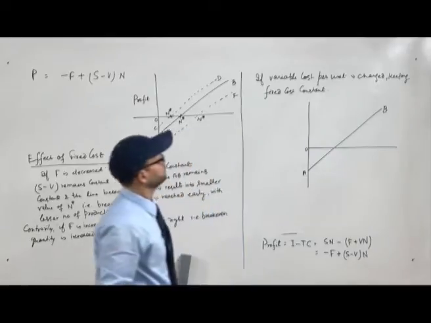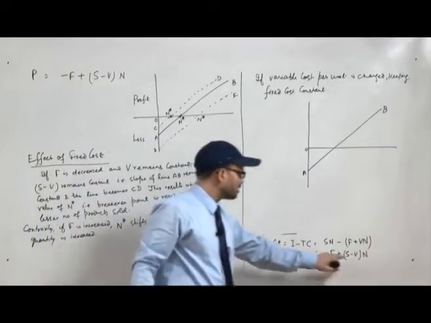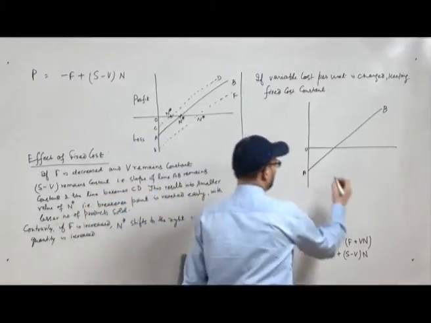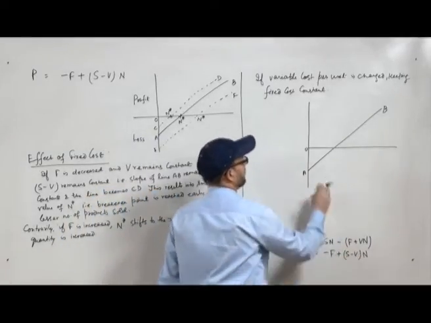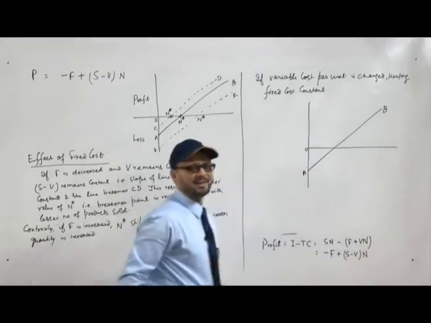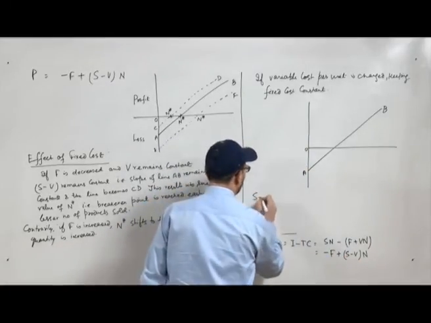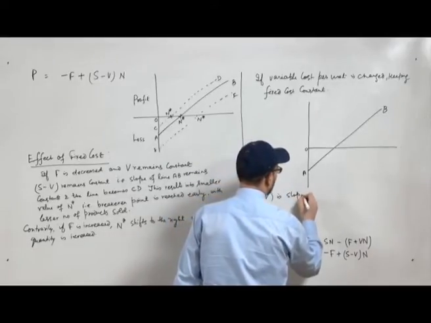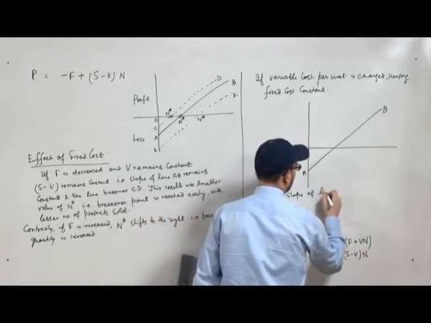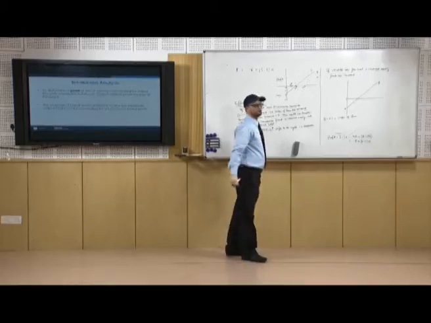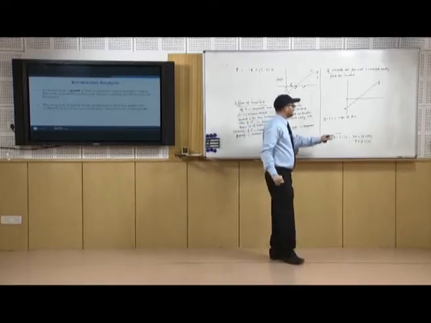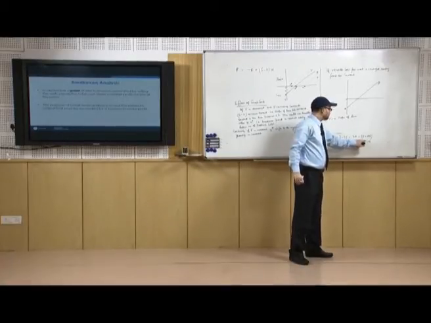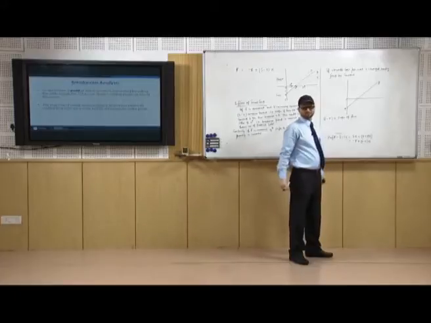Now, if the variable cost is increased, this S minus V is the slope of the line. If we increase the variable cost, the slope of the line will decrease.